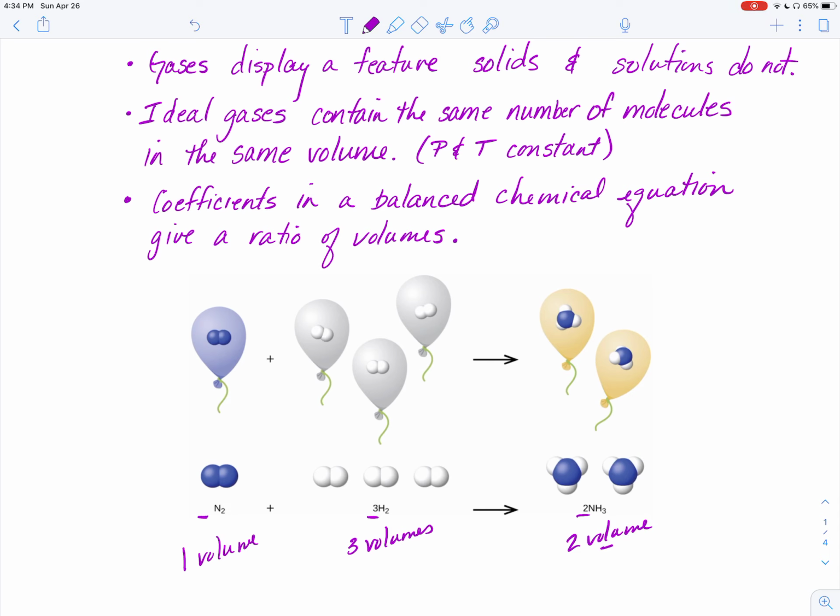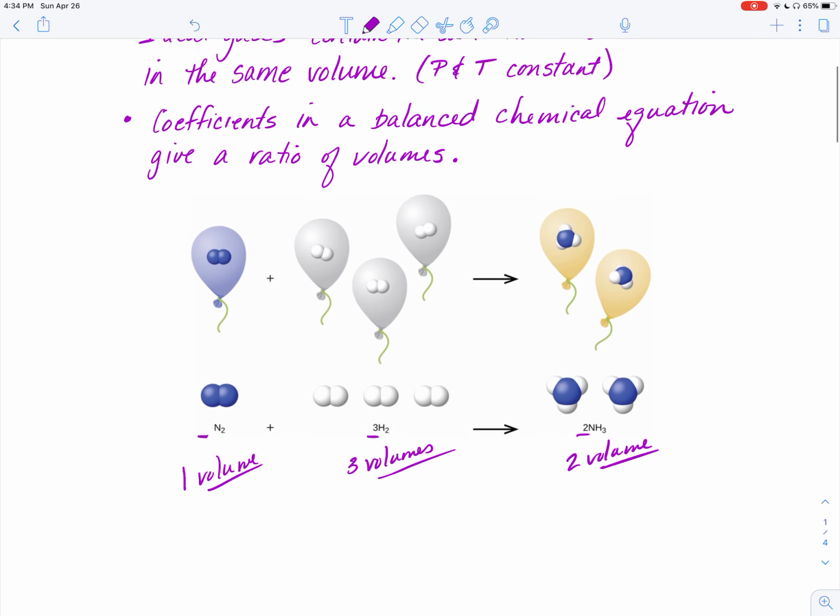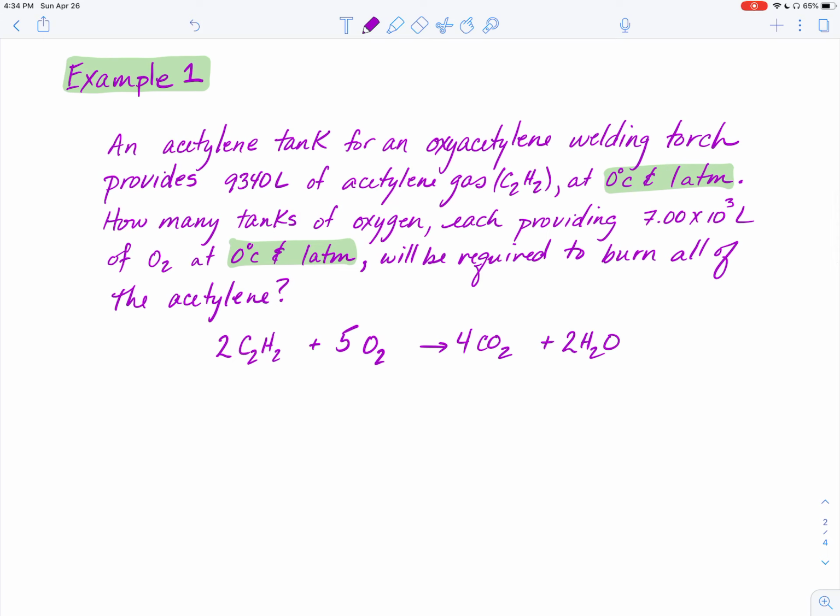When I say volumes, that unit can be whatever you want, liters, milliliters, quarts, as long as it's the same unit. So let's use this aspect to solve a particular example.